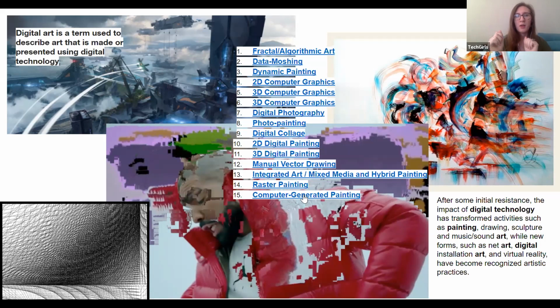Some of them are intended to replicate real life painting, where you're using what looks like brush strokes and painterly textures, while other ones you can see on the screen are much more digital reality oriented, which is also a really cool effect.